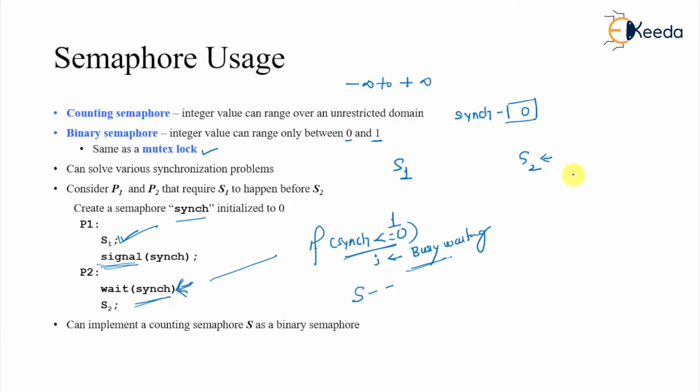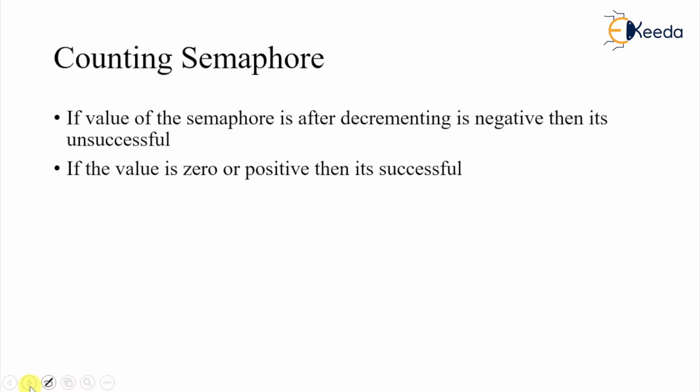In the entry section this is always checked. After it is successfully executed, then S2 will be executed. That is how the counting semaphore and binary semaphore work, and this is one small example of synchronization.